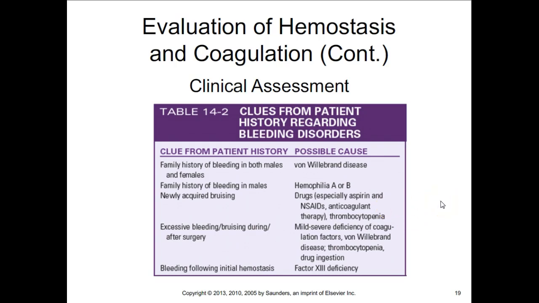And then other anticoagulant therapy, or that person has thrombocytopenia, so they have low thrombocytes. And then excessive bleeding or bruising after surgery, you might see von Willebrand disease is another possibility, or some deficiency or mild deficiency of other coagulative factors throughout that cascade. So it's important to understand that cascade, right? And then bleeding following initial hemostasis.